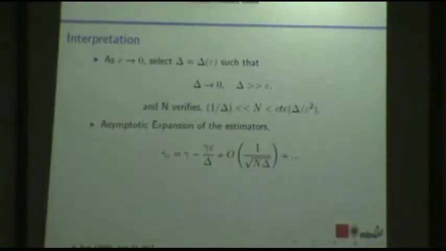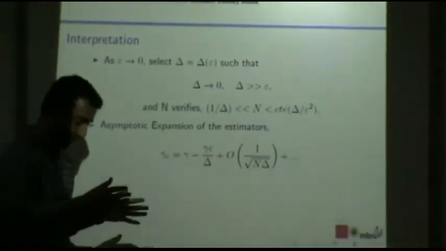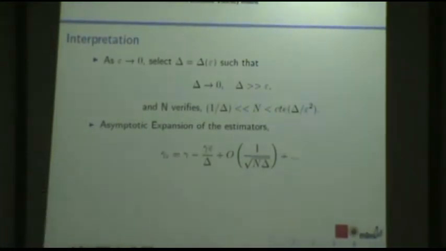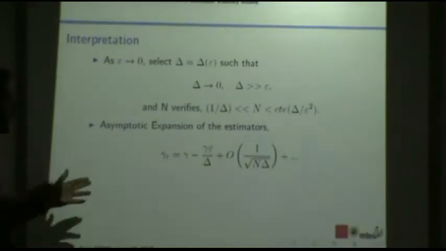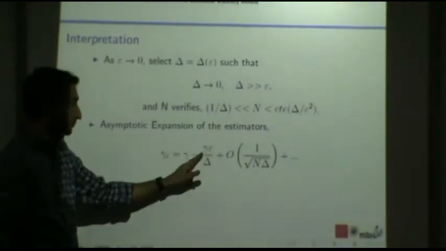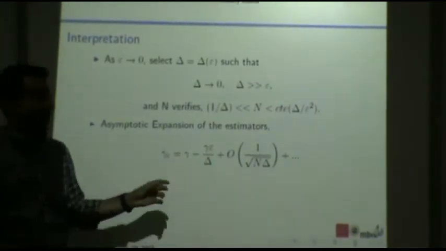Okay. Now, notice that in reality, you have one set of data which has been generated with some epsilon, which is again unknown to us. Now, for that unknown epsilon, the bias here is still of the order epsilon over delta.